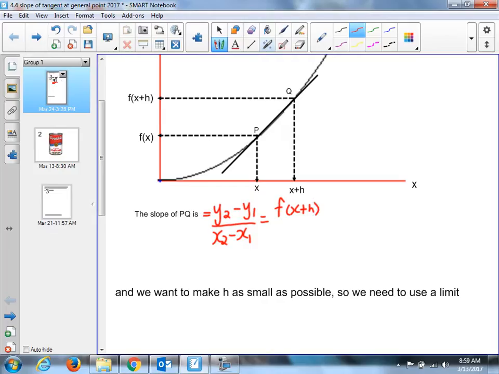Could be x to the 5th minus root x minus 2x to the -1 or something. Subtract the other y value, f of x.